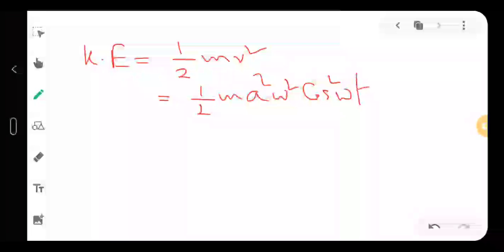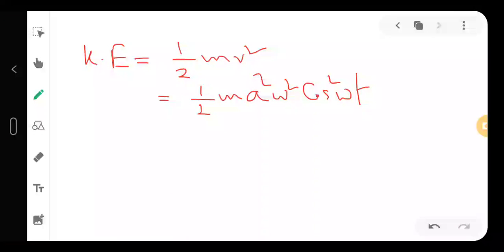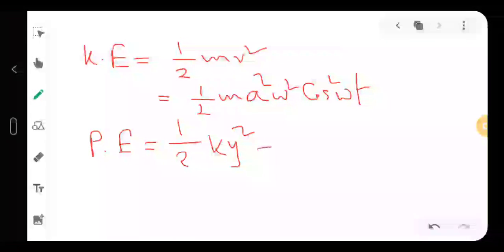Now I know one more thing: whenever the bob comes to that place, my spring will be elongated. That means some work has been done on the spring, and that will be stored as potential energy in the spring. We have seen in the mechanics classes that the potential energy for the spring is half k x square, and we have derived that as well. Here, instead of x we will write y, because we have taken y as the displacement.